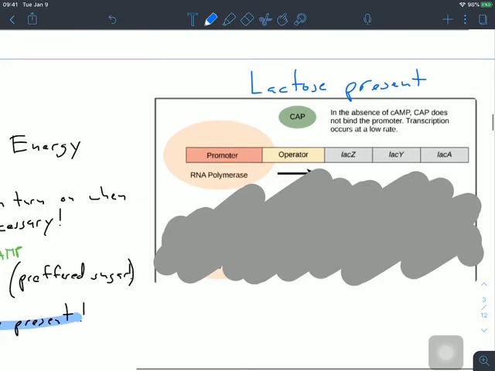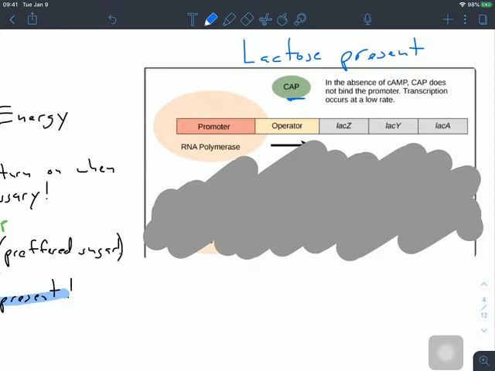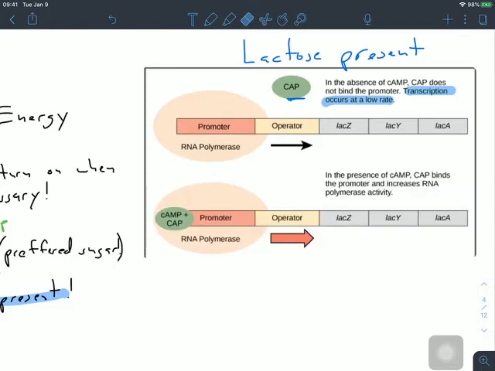If the cell doesn't need energy because a whole bunch of glucose is present, CAP will be by itself, no CAP-cAMP, and even if RNA polymerase occasionally gets to bind to the promoter, transcription will only occur at a low rate. If instead cAMP is bound to CAP, you then have this really good recruitment.